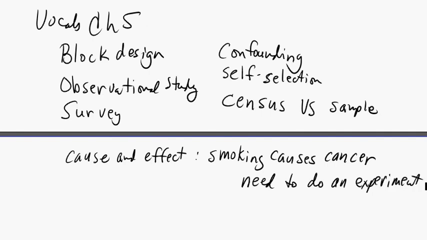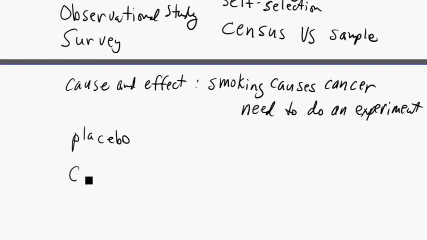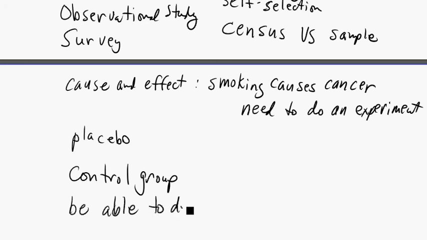I would say experiment, but you said controlled experiment, and that's true. Know what a placebo is? Know what a control group is? And be able to describe how to do a random assignment of treatments.